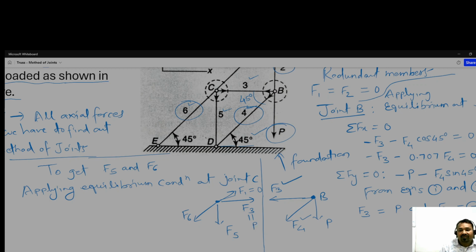What is the next? And what about this angle? It is 45 degrees.